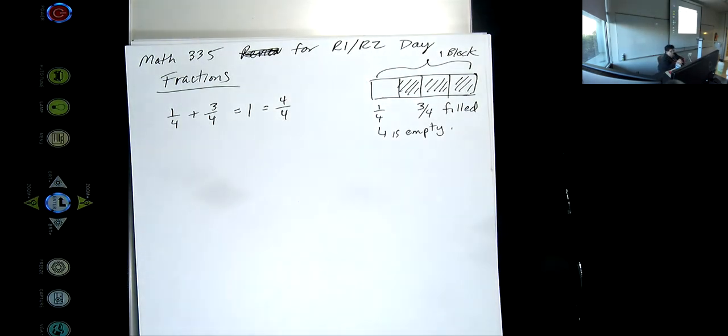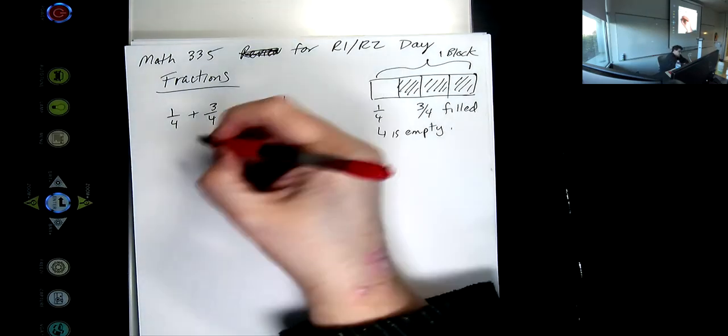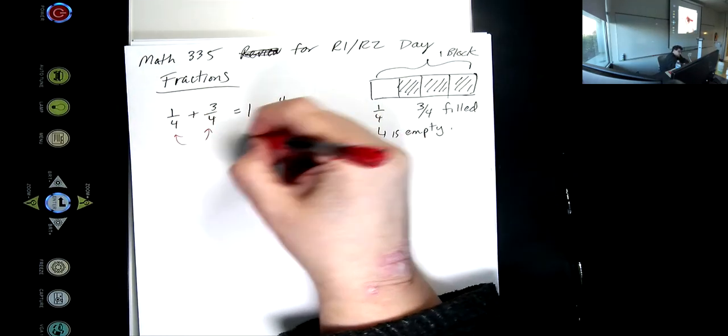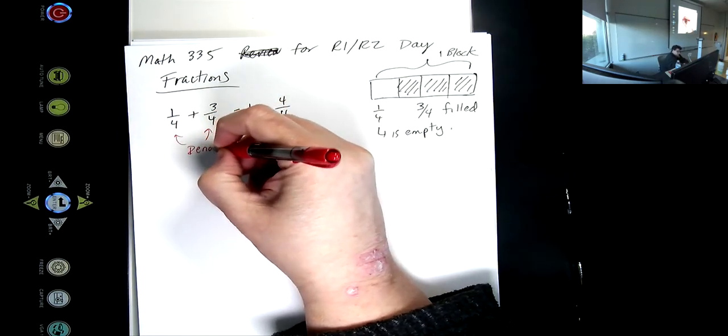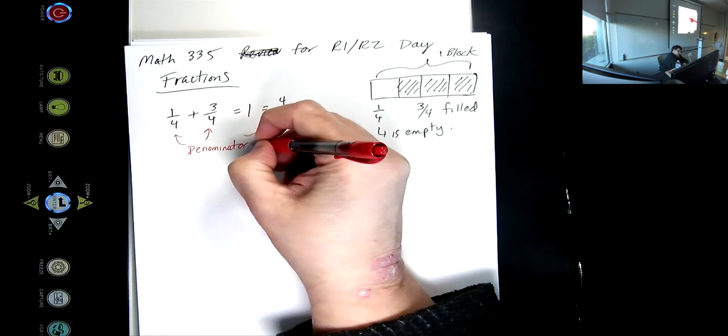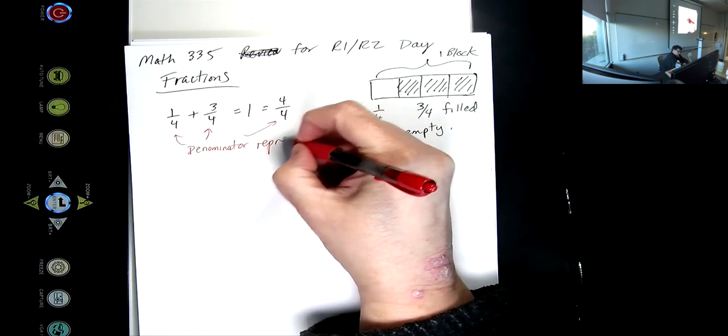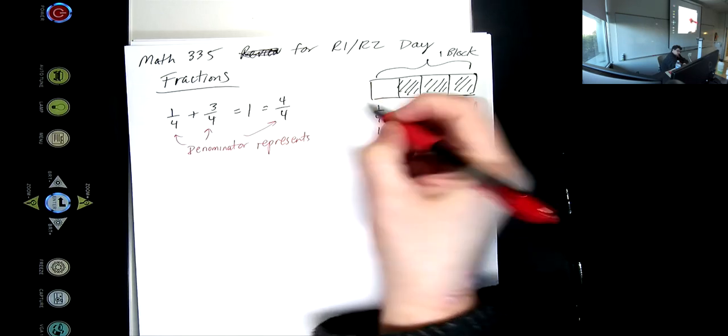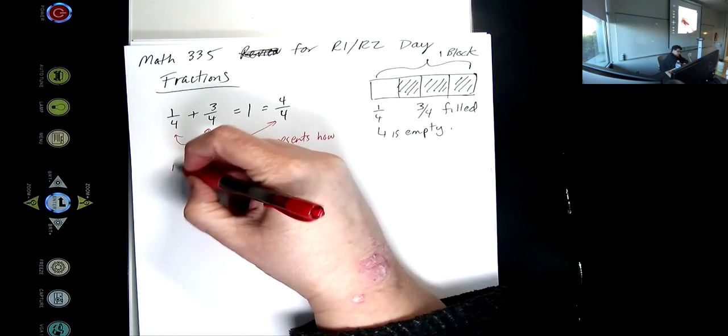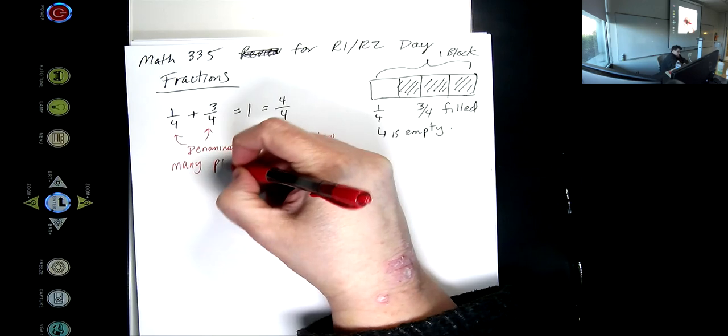So what we're doing is each time the number on the bottom, the denominator, represents how many pieces the unit is broken up into.